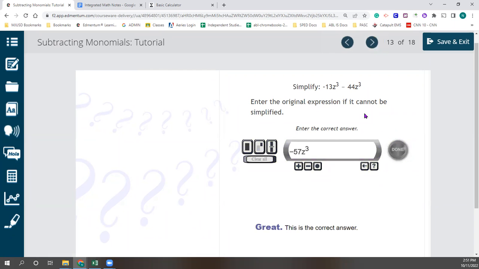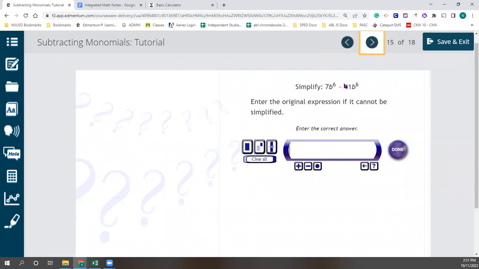Done. 31b^7 minus 15 is going to be 16b exponent 7.